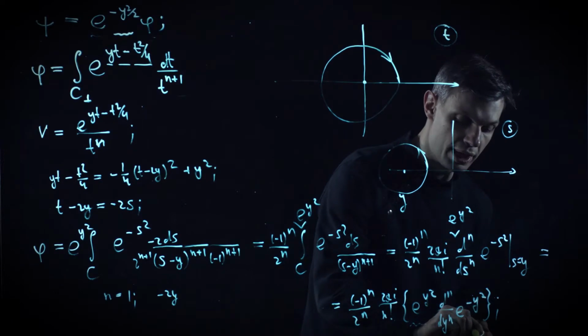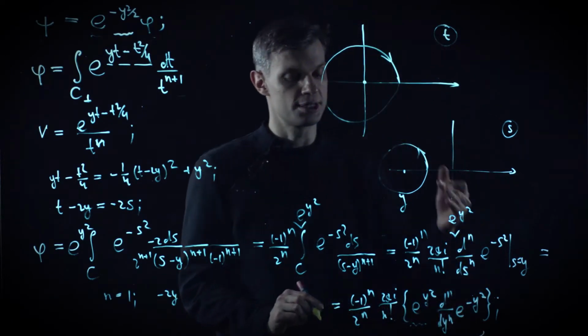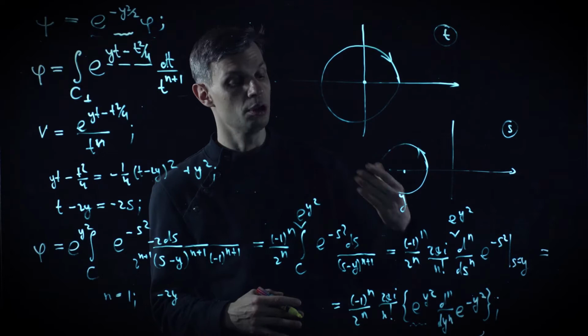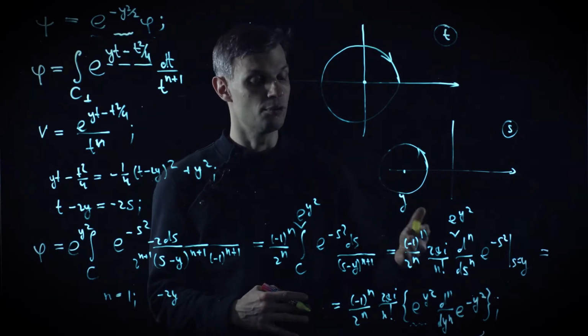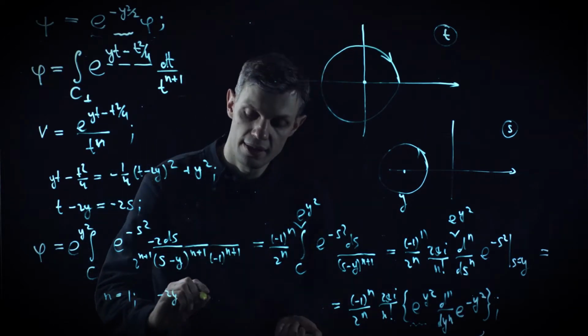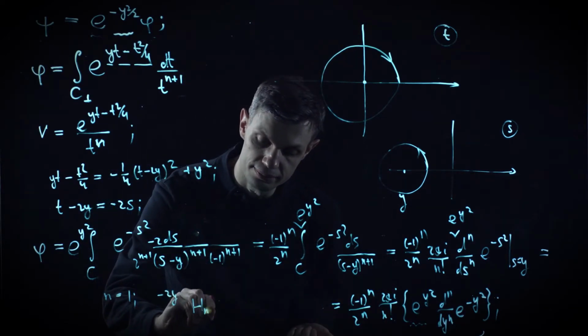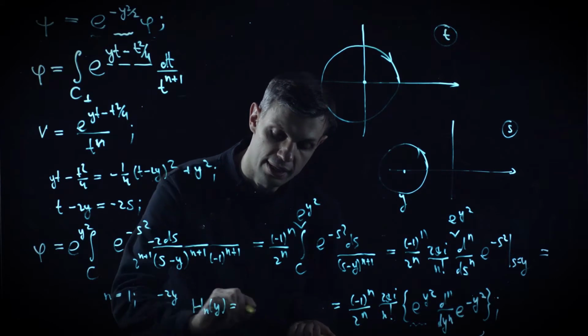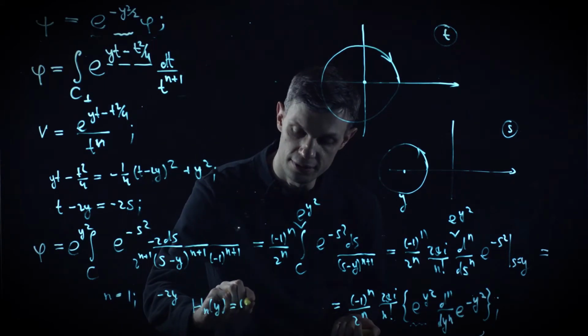So this way, we come to the conclusion that the expression in the curly brackets is always an nth order polynomial. In fact, there is a special name for this kind of polynomials. They are called Hermite polynomials, and they are defined as follows.